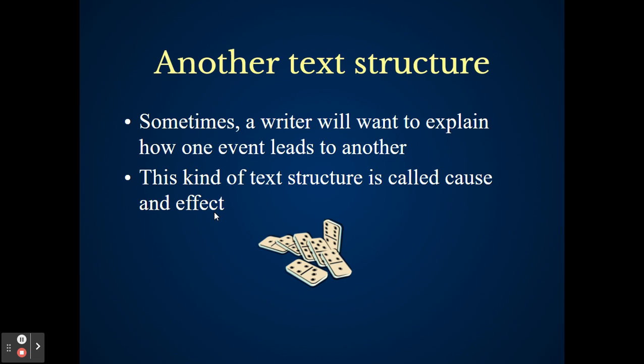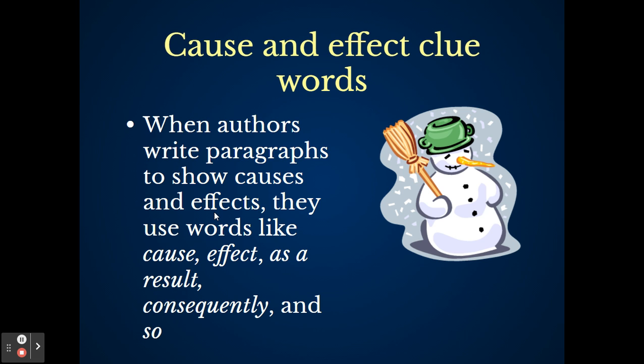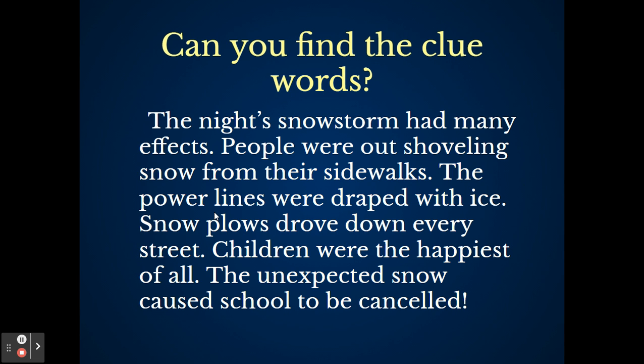All right, another kind of text structure is called cause and effect. So these are the clue words: cause, effect, as a result, consequently, and so. So go ahead, pause the video, read this: the night snowstorm, sorry. All right, here's those clue words.